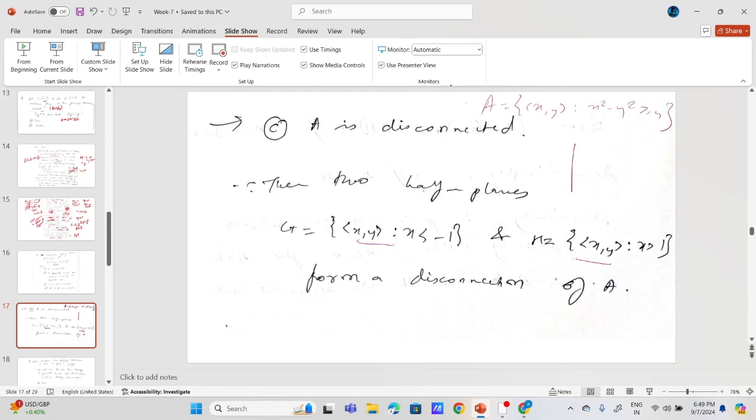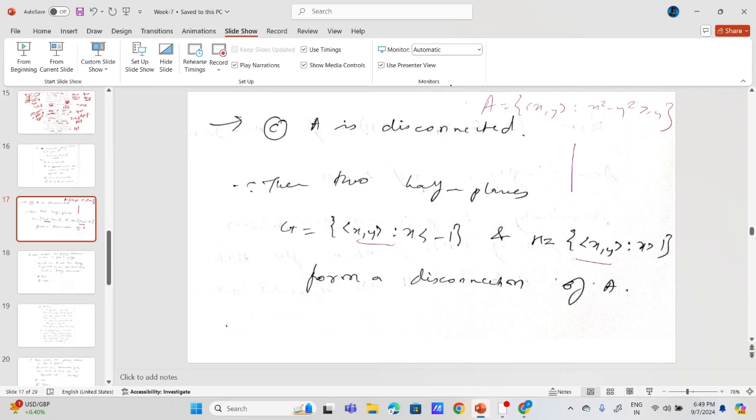So this is given by these hyperbolas, 2 and minus 2, right? So, we can take G as this part, (x, y) such that x is less than minus 1.